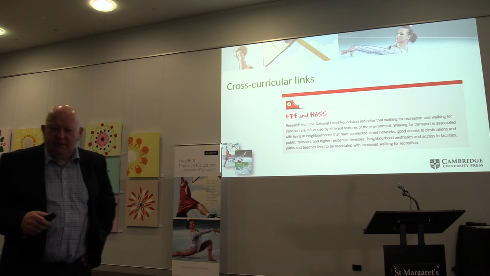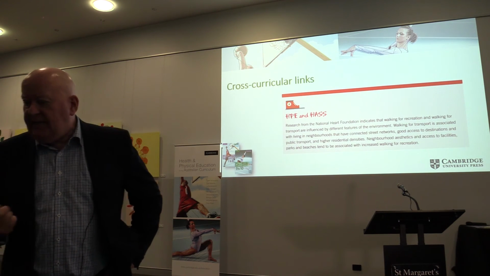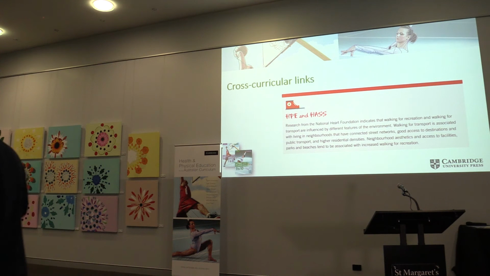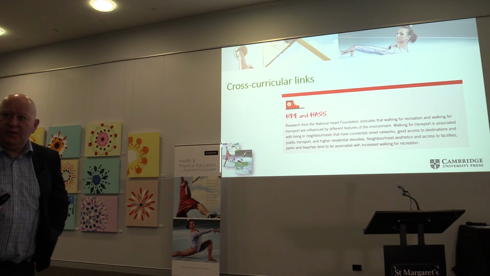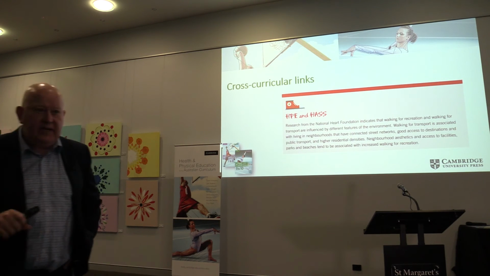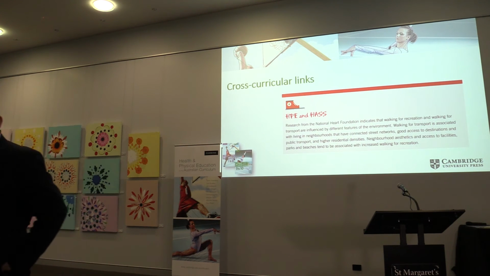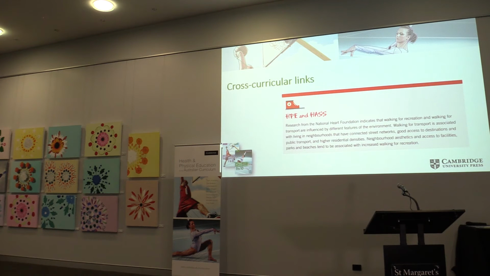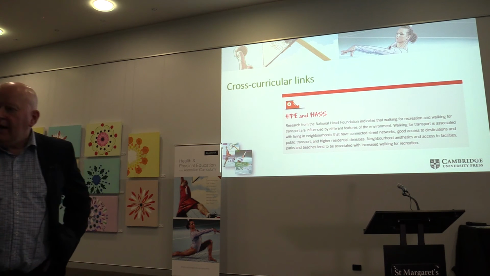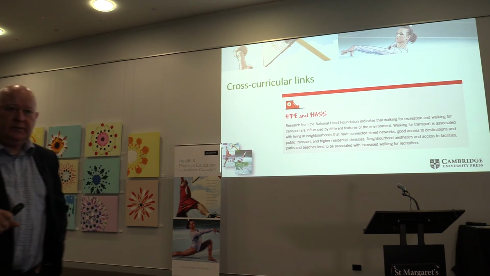One of the other important points and features in each of the chapters is that there are a number of cross-curricular links. This particular link in this particular chapter is related to the humanities and social sciences. But you might see in another chapter, perhaps a chapter on biomechanics, mathematics and physical education, a health and PE link, a link between health and PE and science.